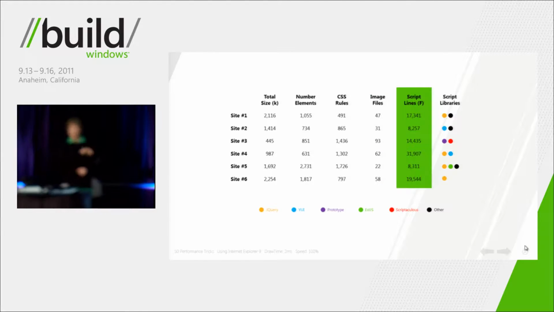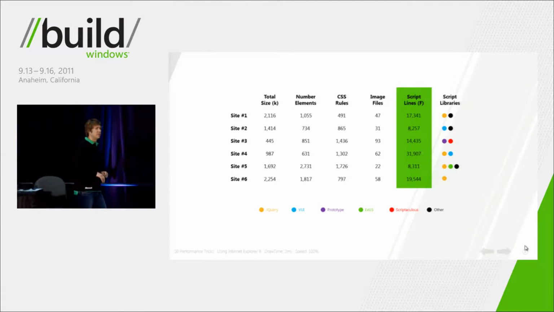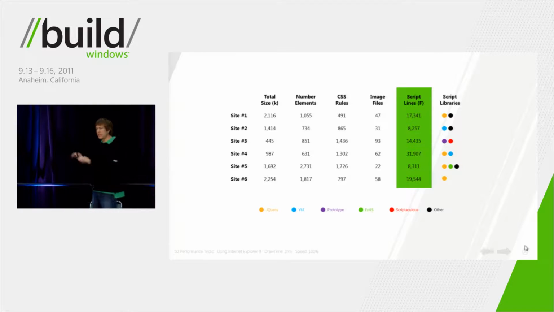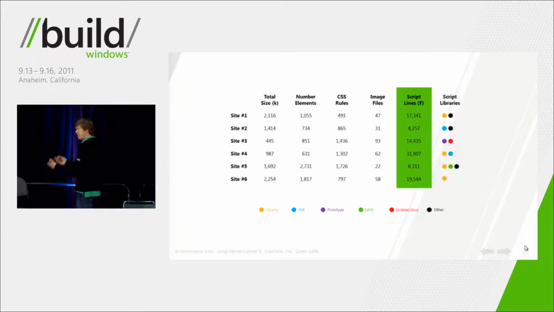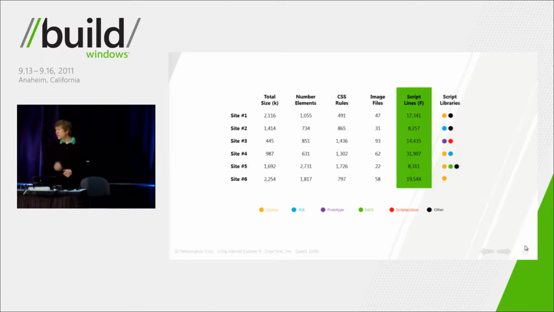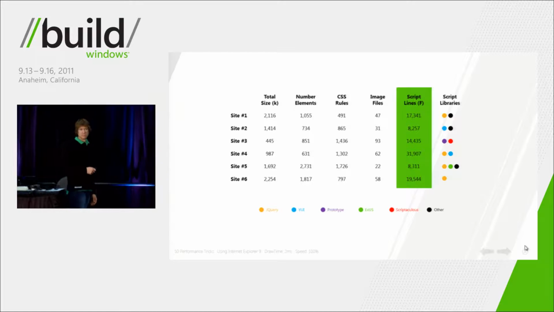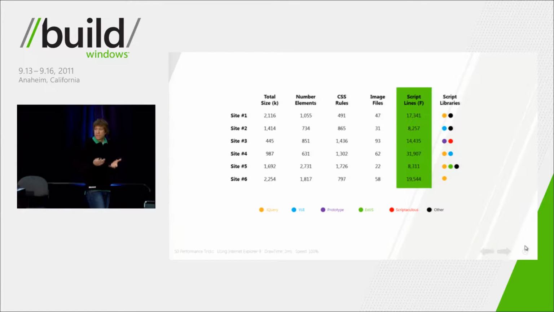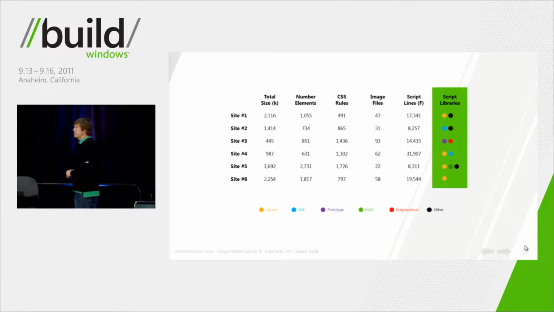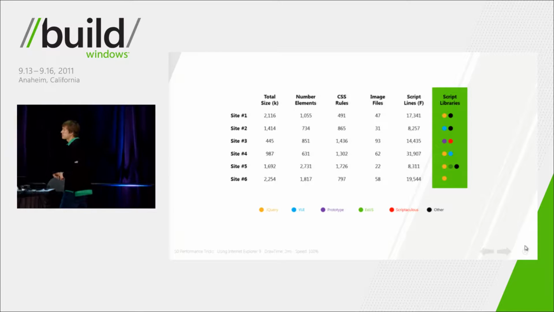If we look at the number of lines of JavaScript that are downloaded, and these are what we call F-lines or formatted lines, so we factor out the minification and reformat the code so we're comparing apples to apples, you'll see that the number of lines of JavaScript ranges between about 8,300 and close to 30,000. Right? Very significant difference in the way that these sites were architected and the libraries and the frameworks that they chose to use, both on the client and the server.